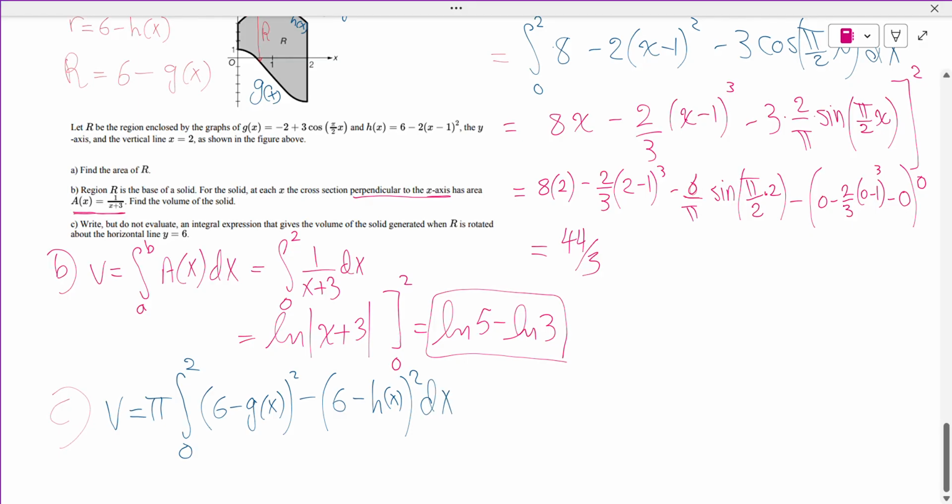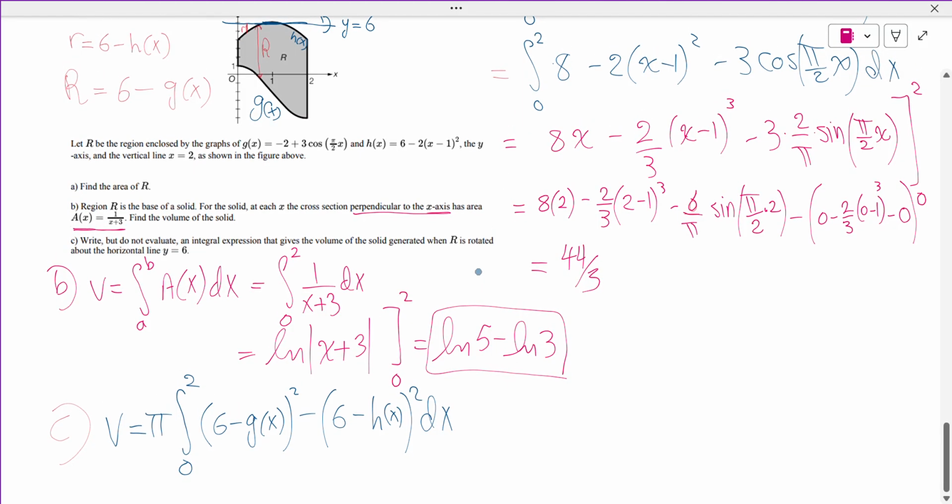You can leave it this way and you can get the full credit here, or you can replace h and g with their expressions. It's totally up to you. So 6 minus g of x all squared minus 6 minus h of x all squared. If you flip them, it doesn't matter, okay?